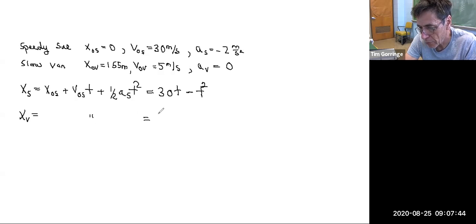So the initial position is 155 meters. The initial velocity is 5 meters per second, so 5 times the time interval. And then the acceleration for the van is 0. And so this little equation is the equation for the position of the van.